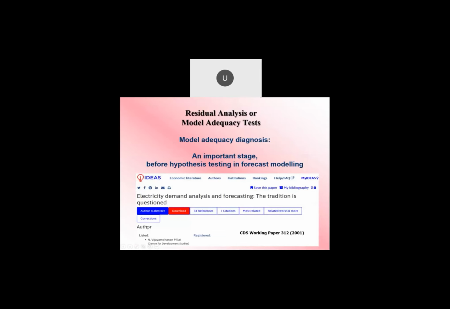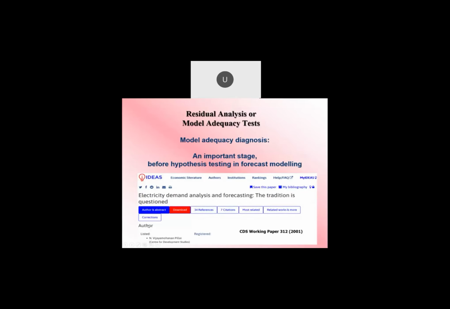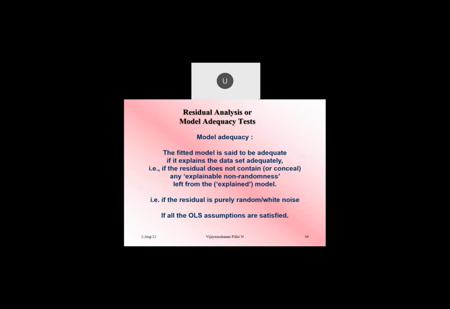Now, what is this model adequacy? The estimated model we say is adequate if it explains the dataset adequately. That is, if the estimated model contains or captures all the information in the dataset, then that estimated model is said to be an adequate model.